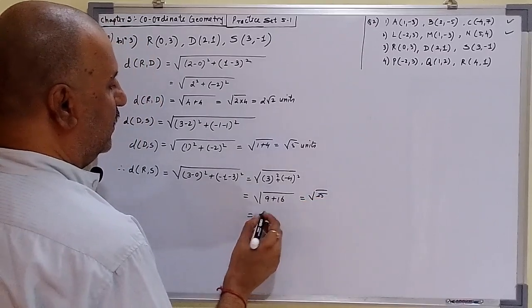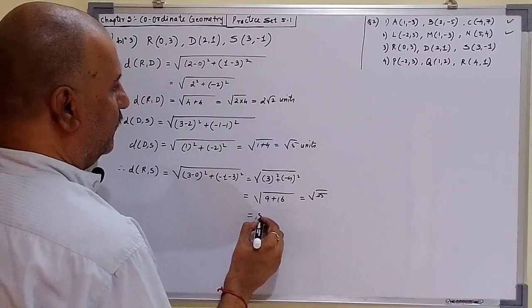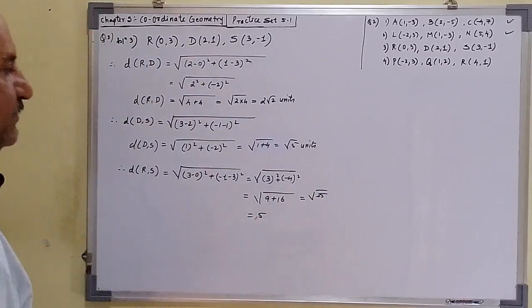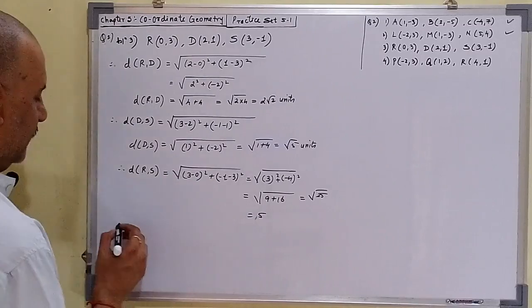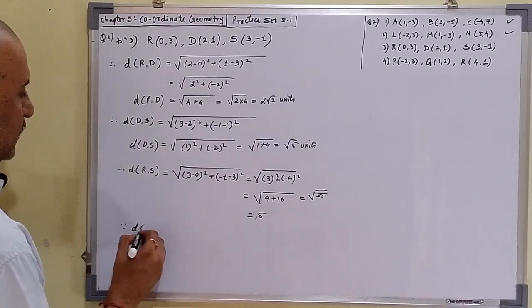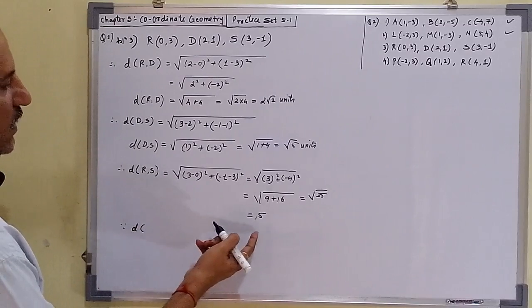This will be 5. See, this is also unequal.